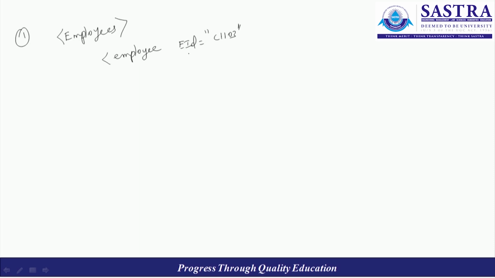The attribute EID, that is employee ID, equal to, within double quotes we have to specify the value. So, EID equal to C1103. It's the value for the attribute EID. Employee ID I have given.